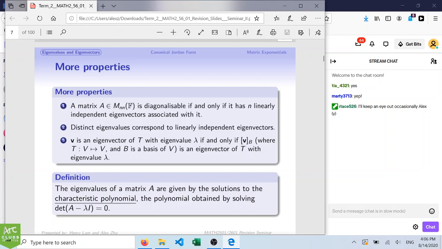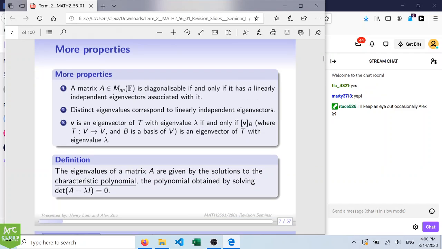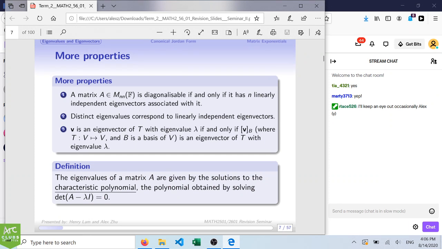The matrix that does this transformation is the matrix of eigenvectors. We'll see that in a later example, but these properties define why we can use diagonalization. Distinct eigenvalues correspond to linearly independent eigenvectors.